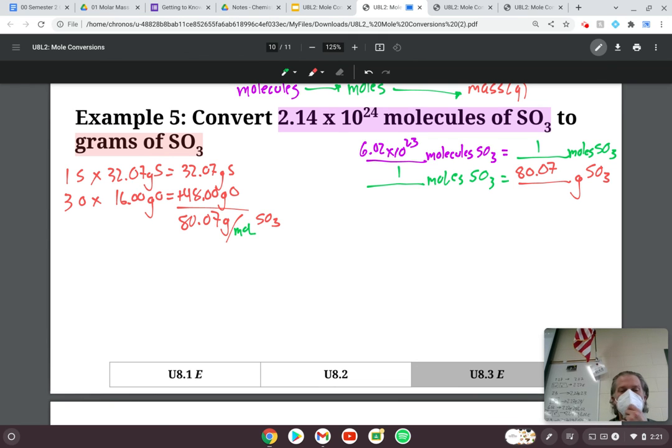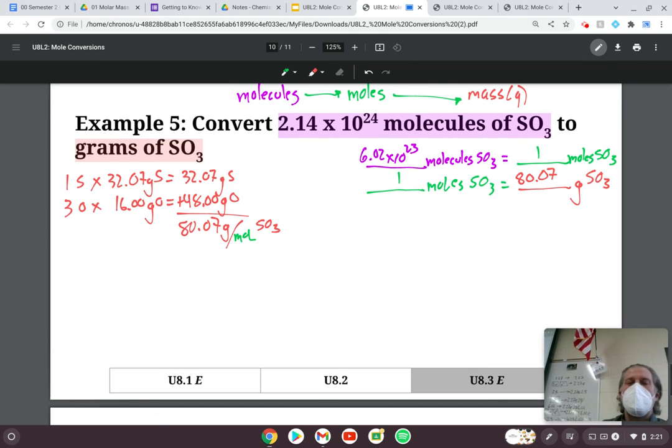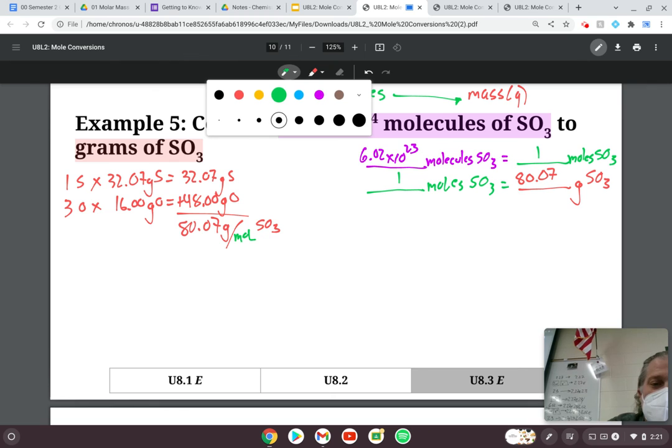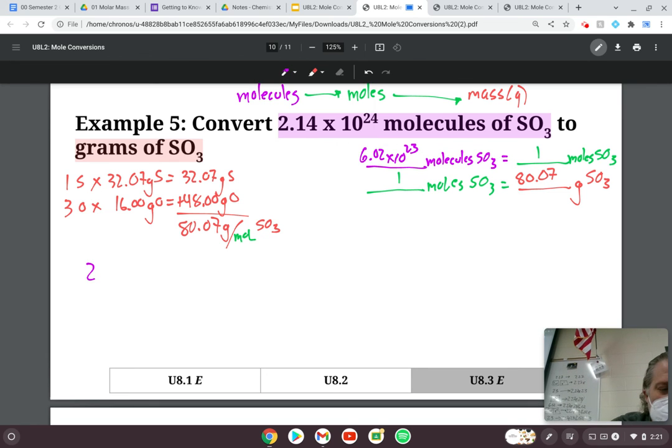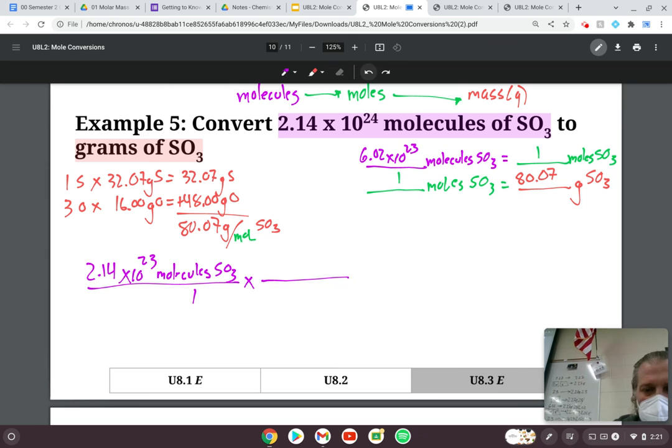So now I'm going to set my problem up so all my units cancel and I get what I want at the end. So I'm going to start with my given, which is 2.14 times 10 to the 23rd molecules of SO3 over 1. And I'm going to go molecules to moles, and moles to mass.